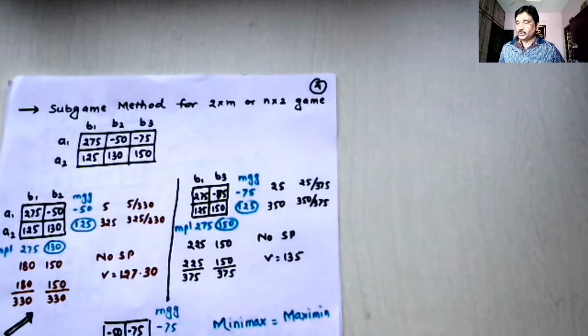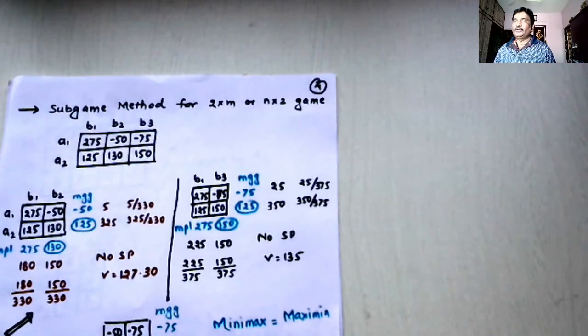So player B will be choosing those two courses of action, playing which will result in minimum loss to player B. So what I'll be doing, I will be splitting the game. I'll be forming various combinations of the courses of action selected by player B. I have to select two out of three. So those could be B1, B2, or B1, B3, or B2, B3.